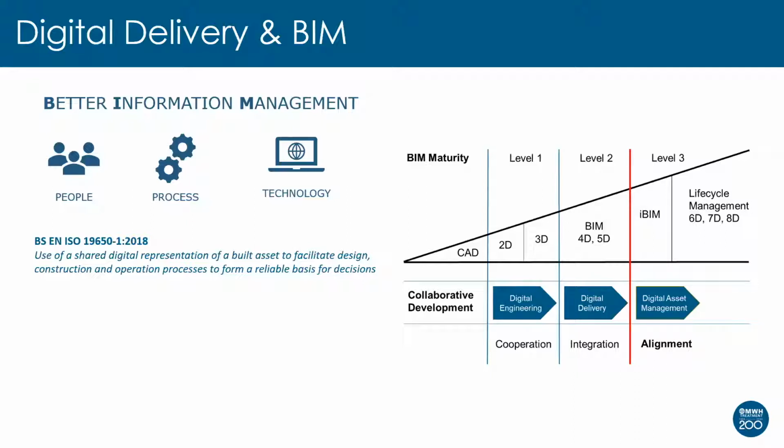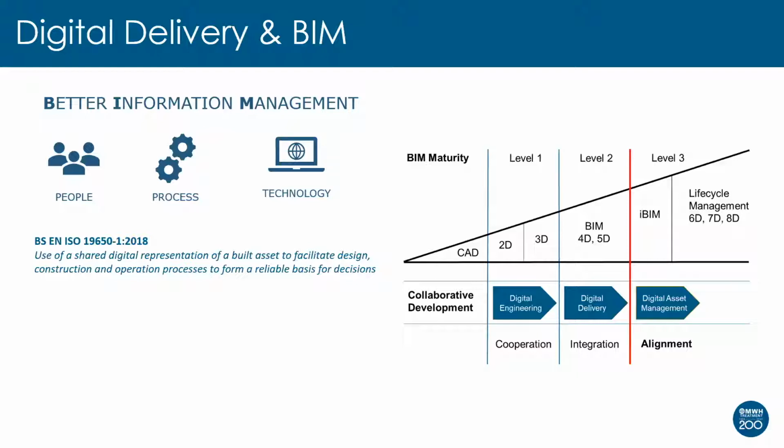So pretty much where the water authorities are in the UK is, if they're not at level 2, they're probably nearly at level 2. And that's where digital delivery, pretty much some of the tools that I'll take you through really do reside, and you can see how they support the whole better information management.